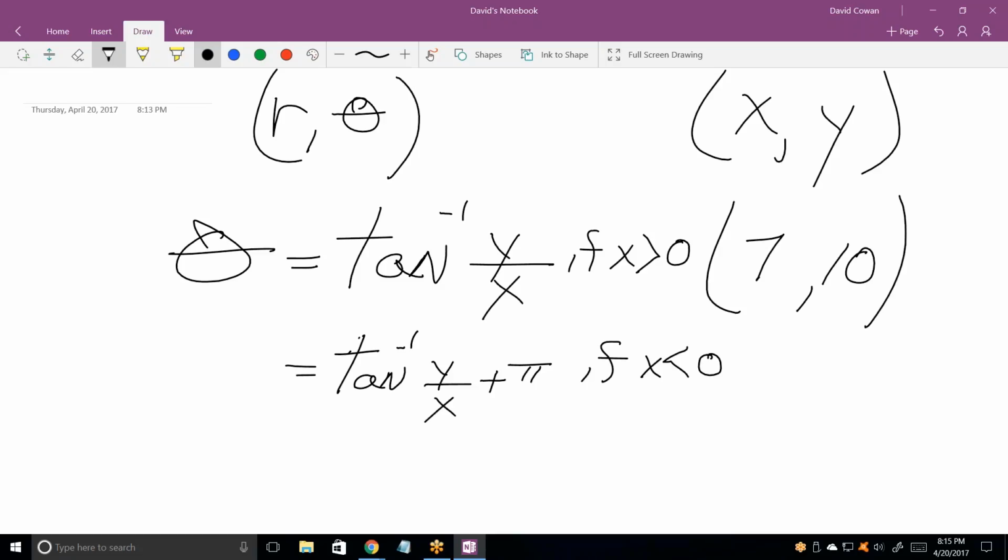Hold on a second. We can figure it out. In this case, I'm not adding pi to this thing, because if I draw a picture of where this point is, it's right there. So 7, 10, I know I'm looking at a first quadrant angle. So what is the inverse tan of 10 over 7?